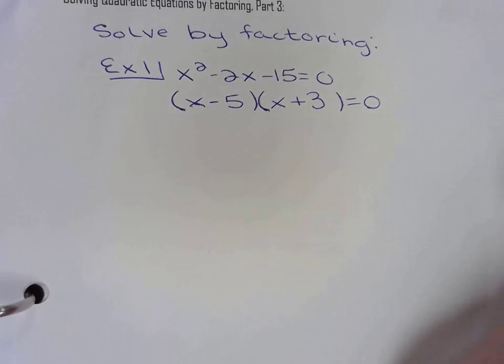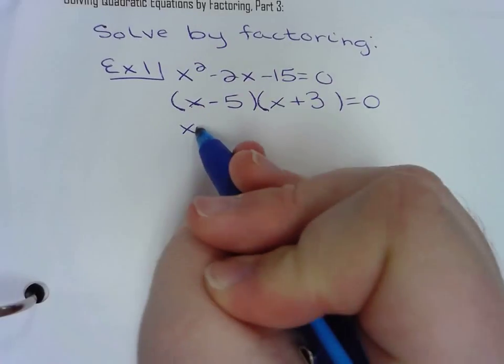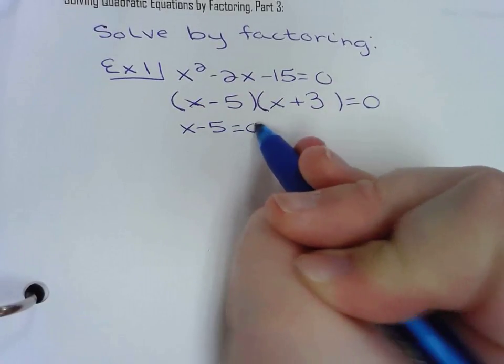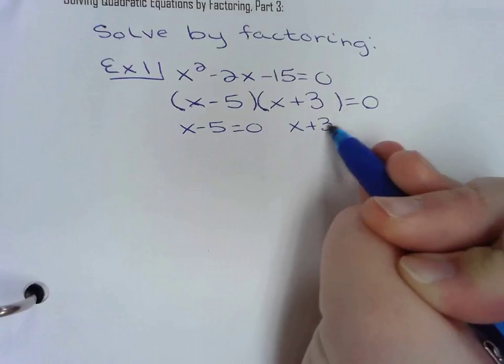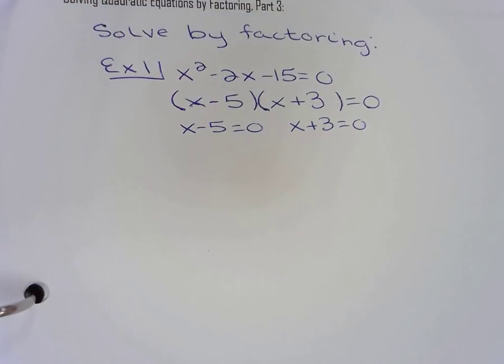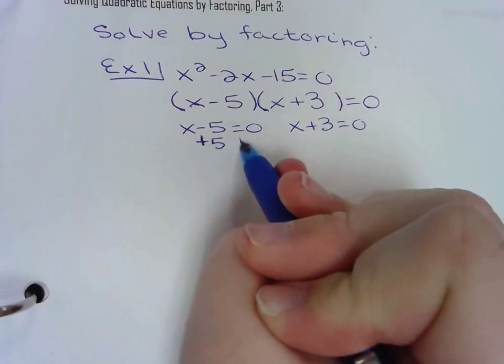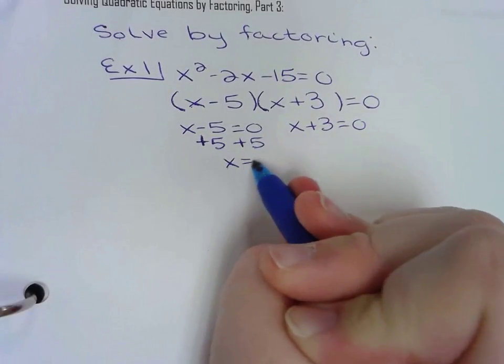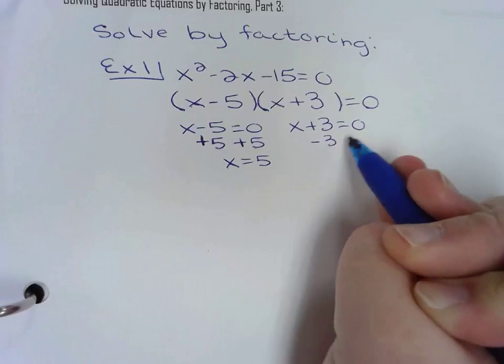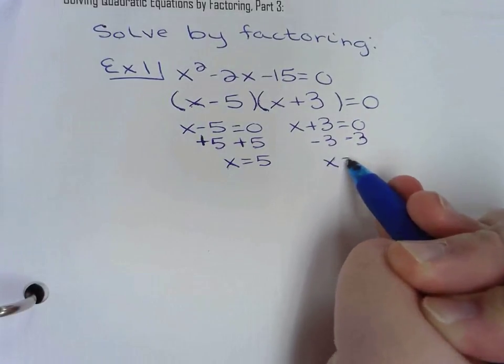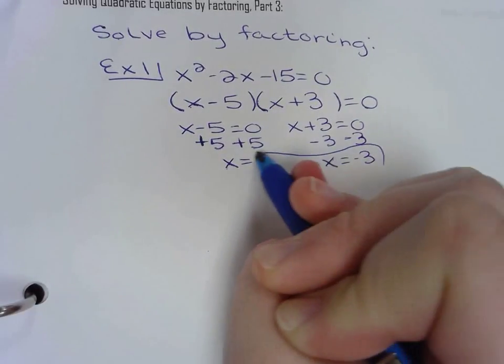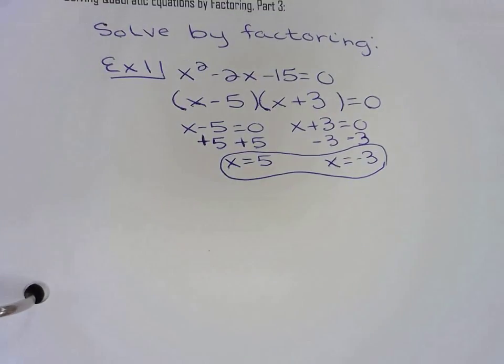You did really well on that homework. So this should not be anything more difficult. You're just going to factor, take each factor, x minus 5 equal to 0, x plus 3 equal to 0, and then solve two simple equations. Plus 5, x equals 5. Minus 3, x equals negative 3. So quadratics, we should have two answers.